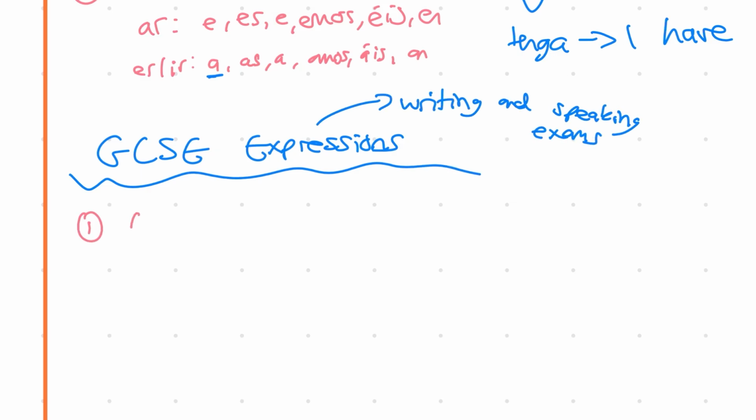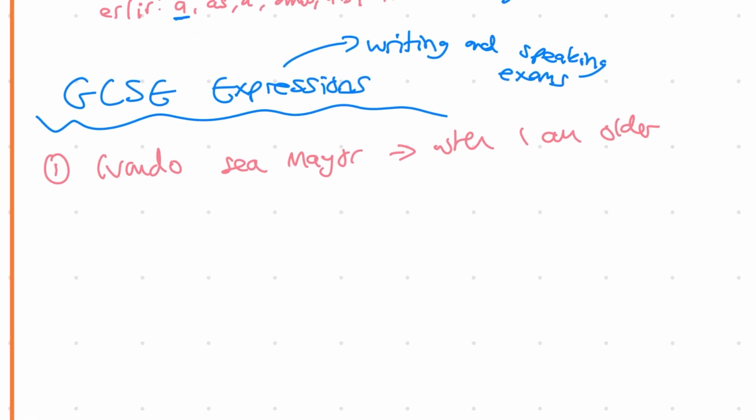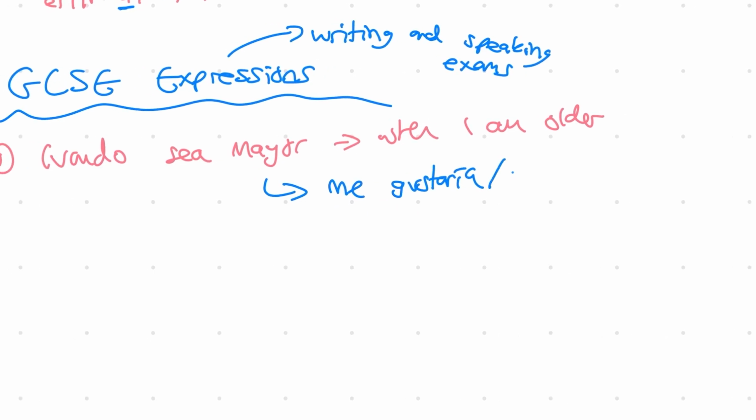So one way is cuando sea mayor. So this is when I'm older. So an example sentence. So cuando sea mayor, I could say me gustaría. So you can follow it with that conditional tense, which is the easiest thing to do. Me gustaría, or the direct conditional tense.